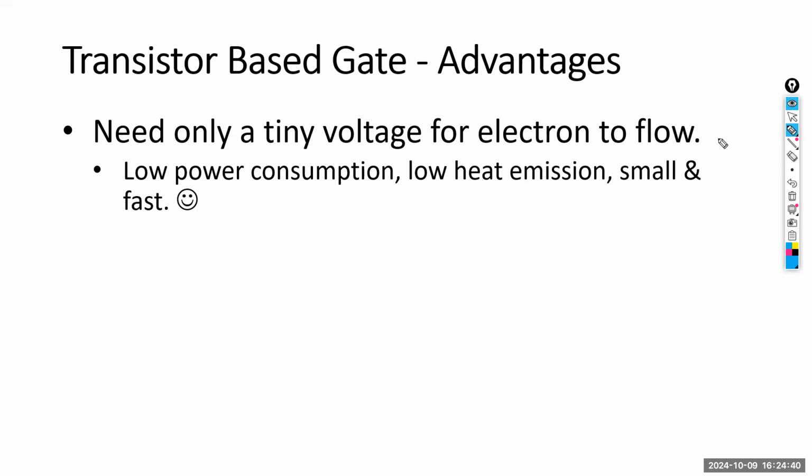And also it's cheaper, with less heat emission. It's a win-win situation, all positive points. So therefore, modern computers no longer use vacuum tube-based logic gates, rather they use transistor-based logic gates.